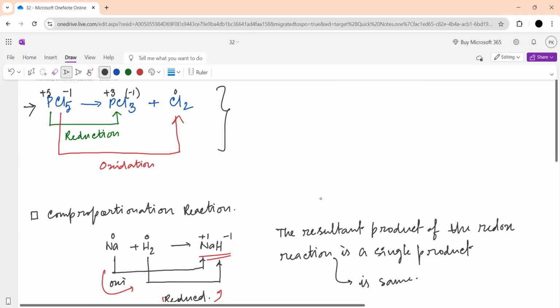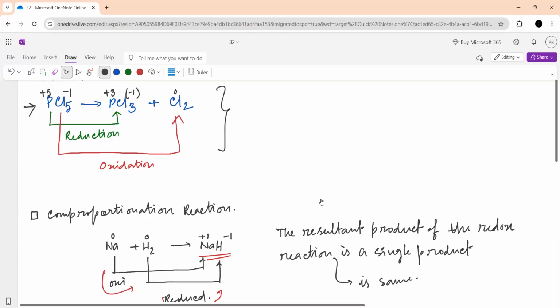A disproportionation reaction is like the resultant product of the redox reaction is a double product. What you are saying is that the resultant product is a double product.